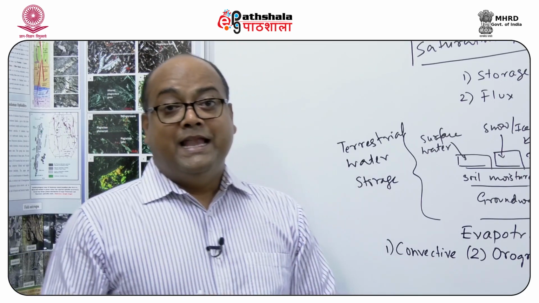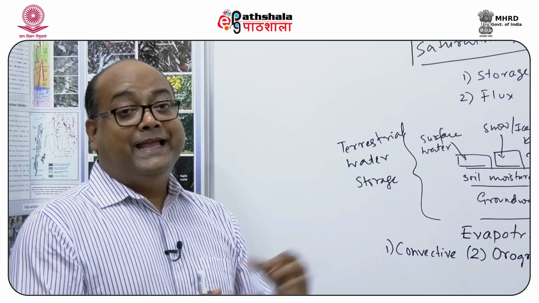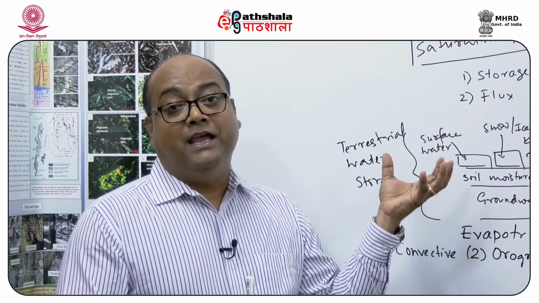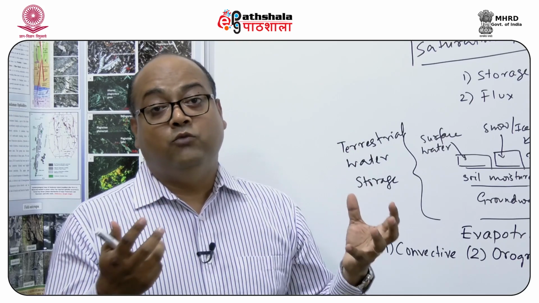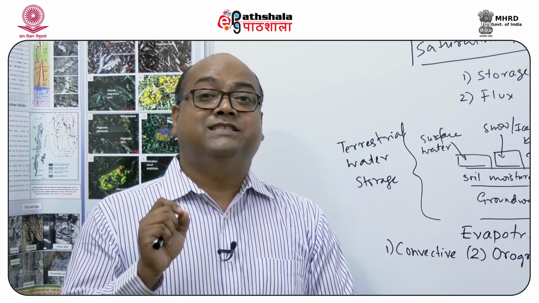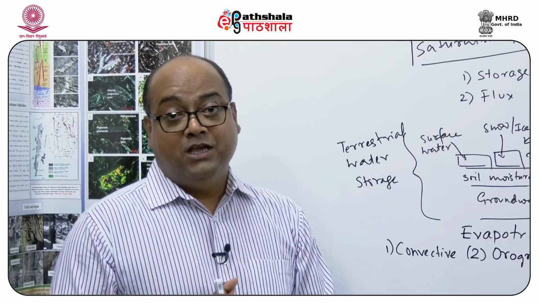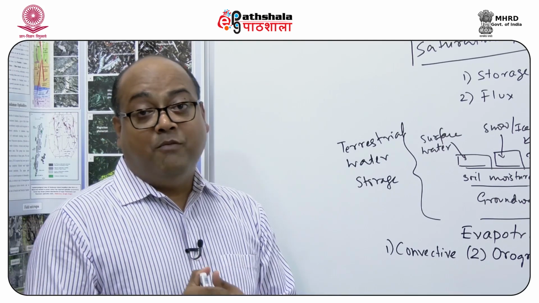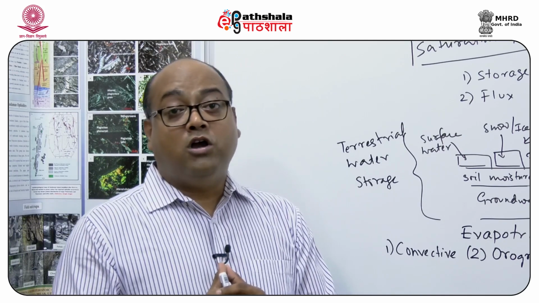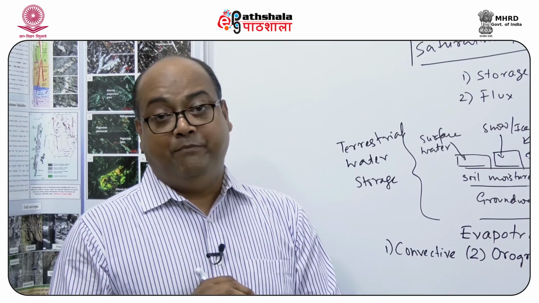Now, for the actual rainfall to occur, we have to understand that just by raising the air parcel, the rainfall would not be able to take place, because for condensation we need a substrate or an object over which the condensation can take place. So one of the most important components for rainfall to occur is a nuclei on which the condensation can take place.